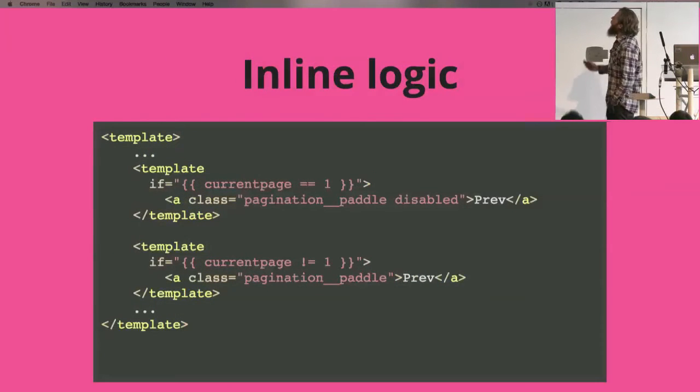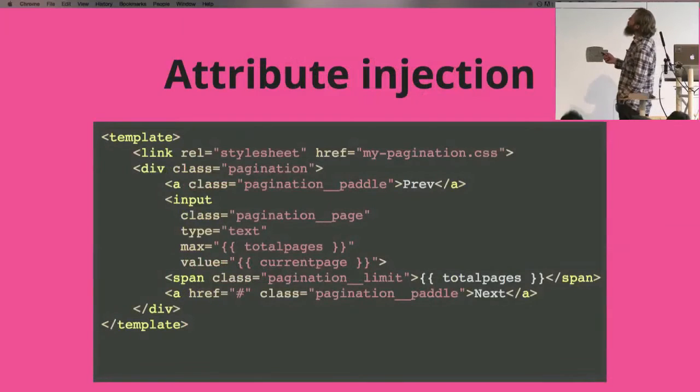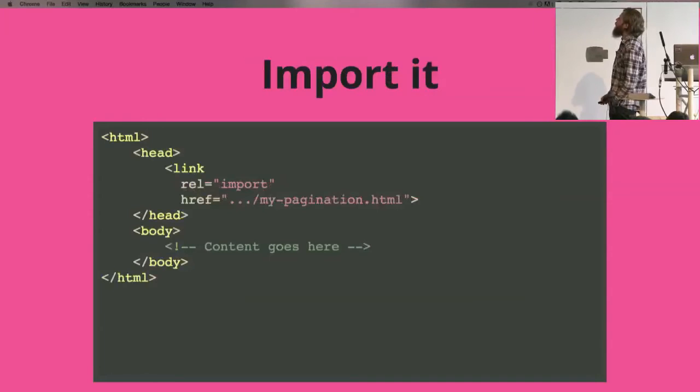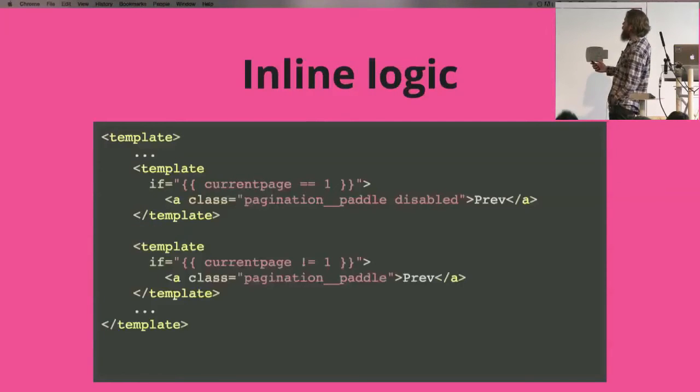So, taking this pagination paddle at the top, the very first one for previous, two template blocks inside that template. Again, I've chopped out the rest of the code to make it easier to read. Something's going mental with me clicker.